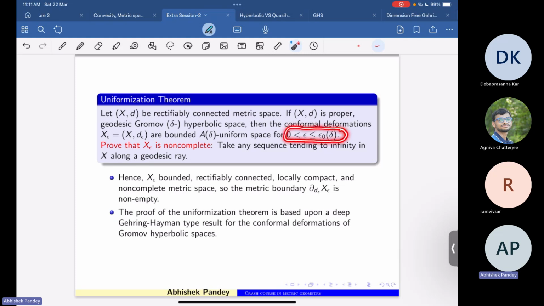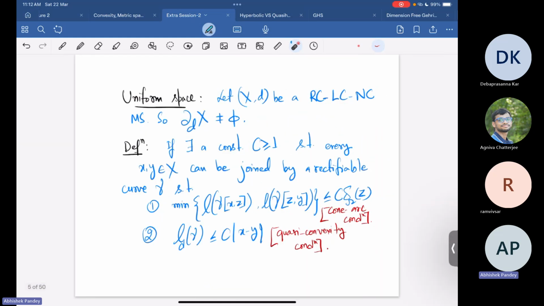To prove the quasi-convexity condition for the uniform space, we use the Gehring-Hayman theorem. For epsilon less than or equal to epsilon naught, this conformally deformed space satisfies the first condition, the quasi-convexity condition, of the uniform space. Moreover, the second condition of uniform spaces holds for every epsilon in the deformed space. Okay, fine.